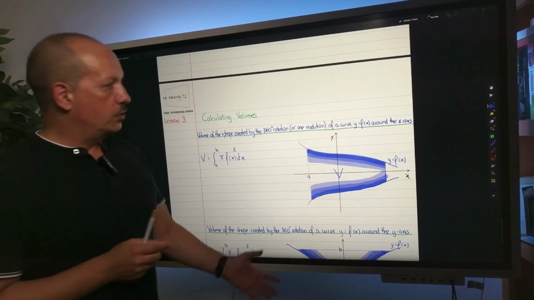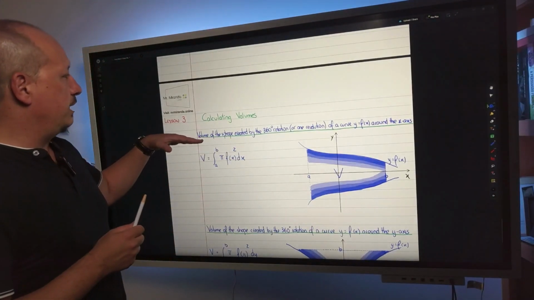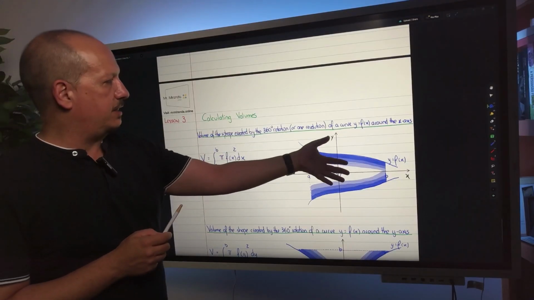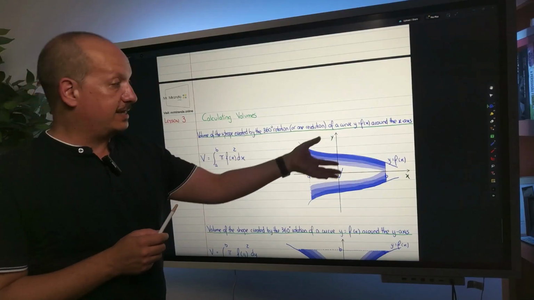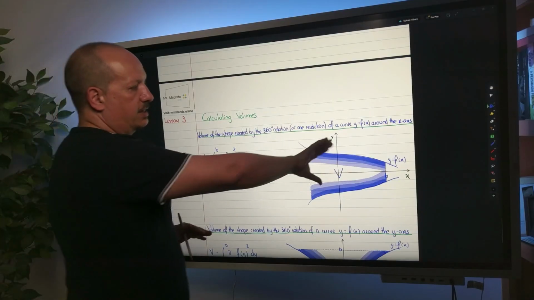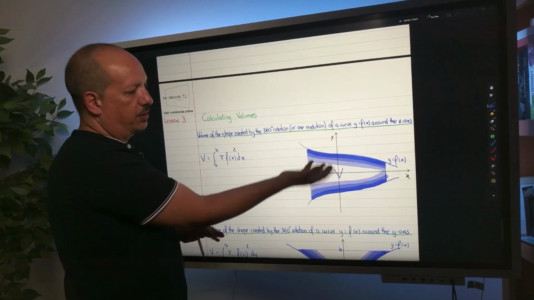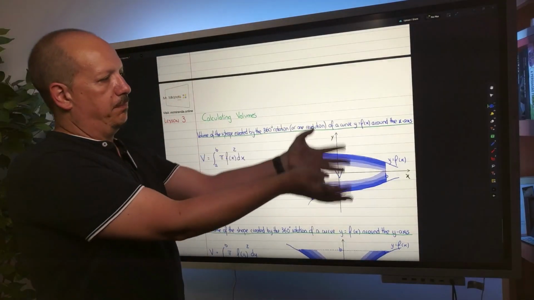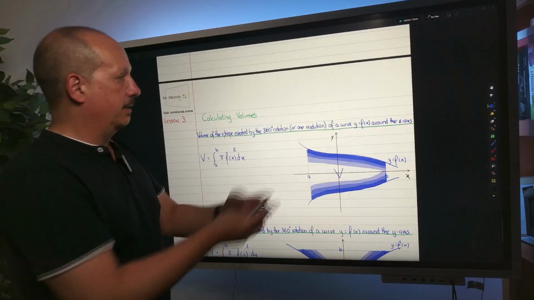All right? So if you want to calculate the volume of the shape created by the 360-degree rotation, or one entire revolution, this is important, it is the volume of one entire revolution. So you have to picture this in 3D. It will be a rounded thing.